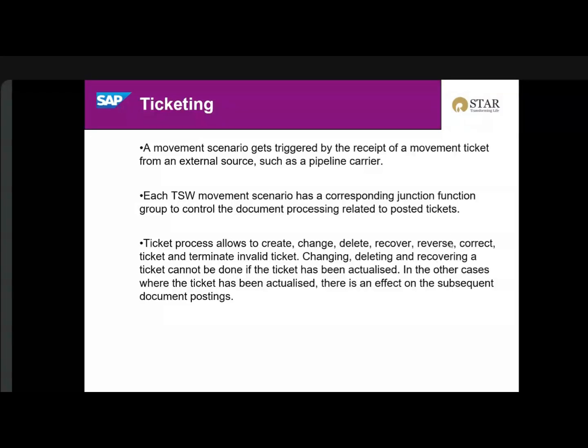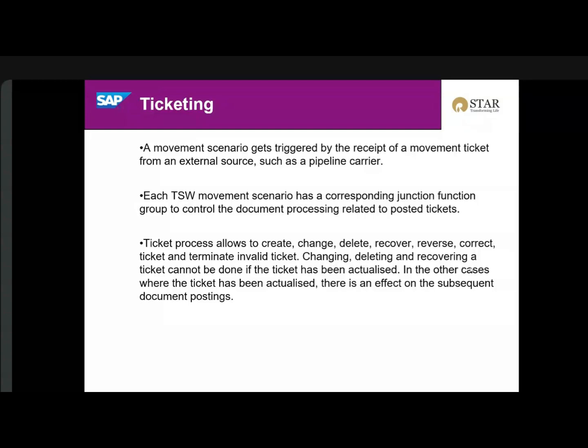Reverse means whatever documents are already created will be reversed. Correct ticket means you can change the documents. To terminate an invalid ticket, there is a functionality called corruption of the ticket. Once you corrupt it, it will not be used further.